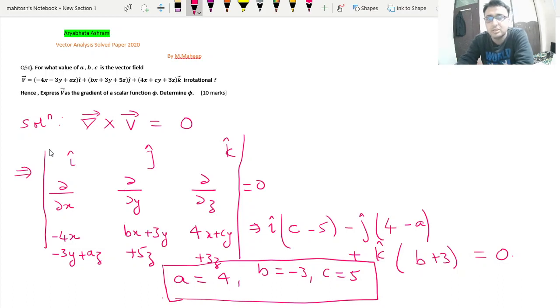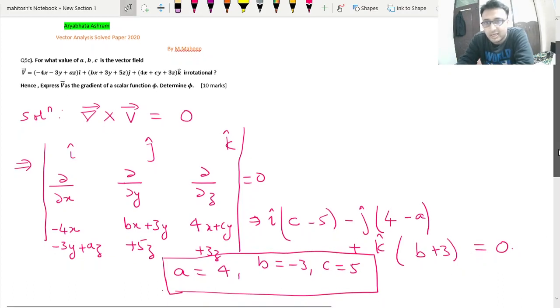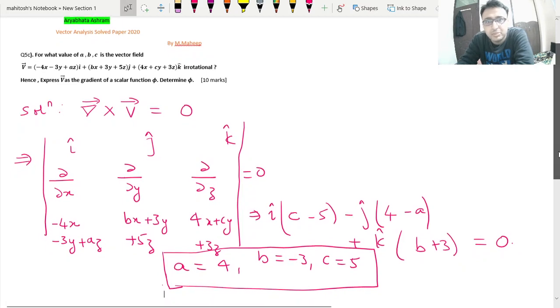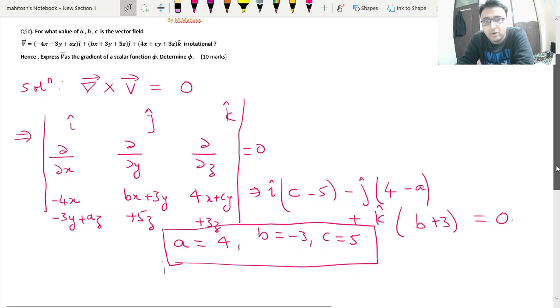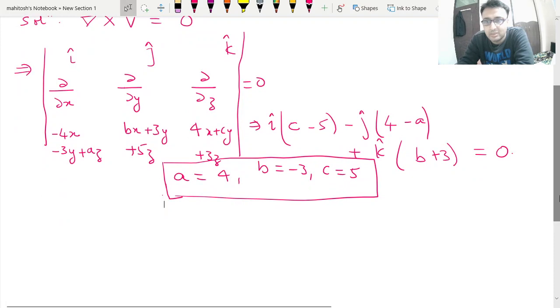Now this question is of 10 marks, so you have to do it in very less time, and I am going to tell you the simple, fundamental approach. Whenever any vector field is irrotational, that means it is a conservative field, that means it has a perfect differential. So we are not going to do the normal method given in the books.